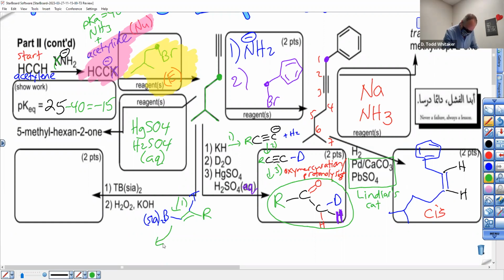You get rid of B, and here's an intermediate. I didn't put it in the box for a reason, because it's an intermediate called an enol, which is going to undergo tautomerization. R is CH2 once, twice, C with a V. And if you want, you got to show me the T here.